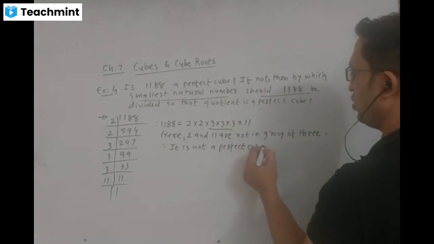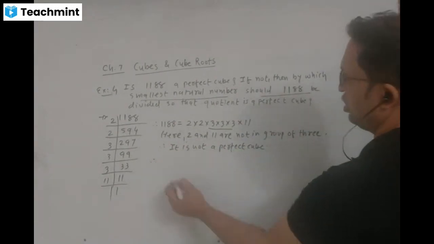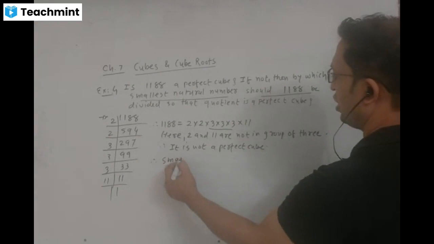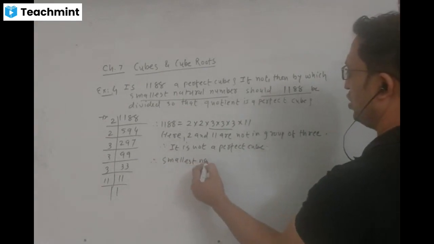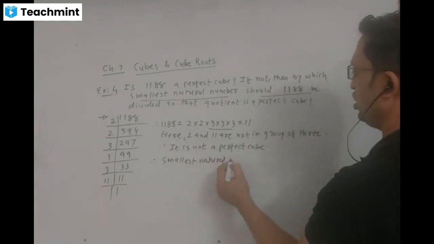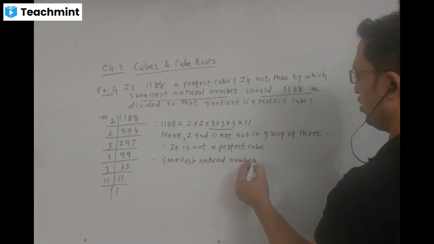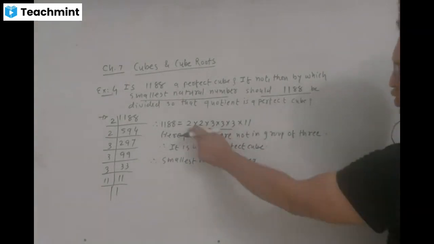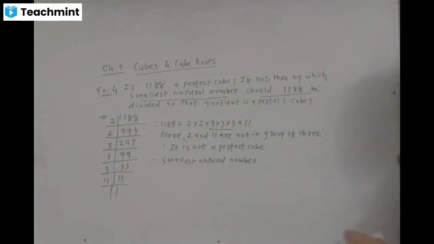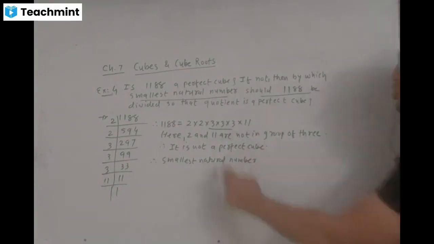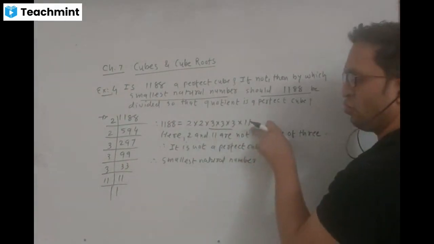Therefore, which is the smallest natural number? जो भी नंबर ज्यादा बार है 3 के ग्रुप में नहीं है वो सबसे डिवाइड कर देना. तो 2 and 11 not in the group of 3.